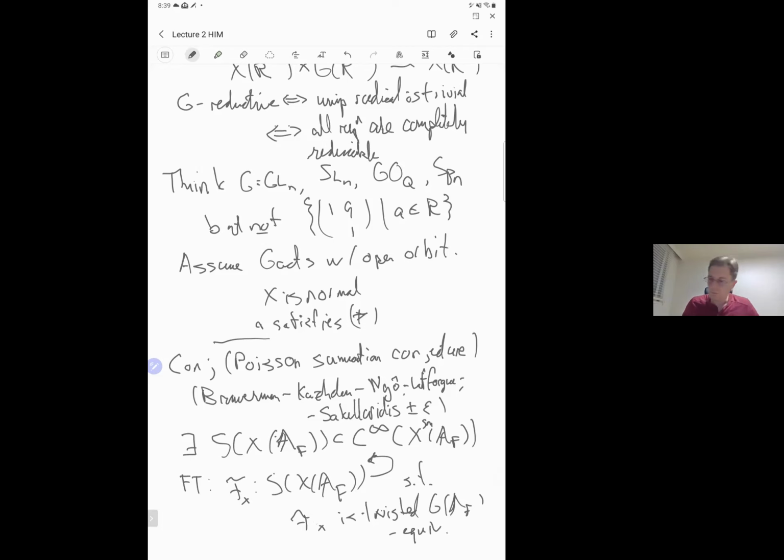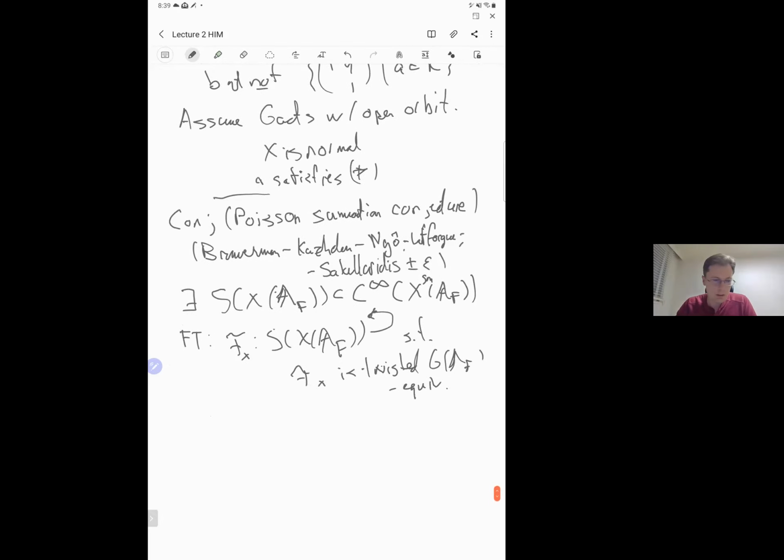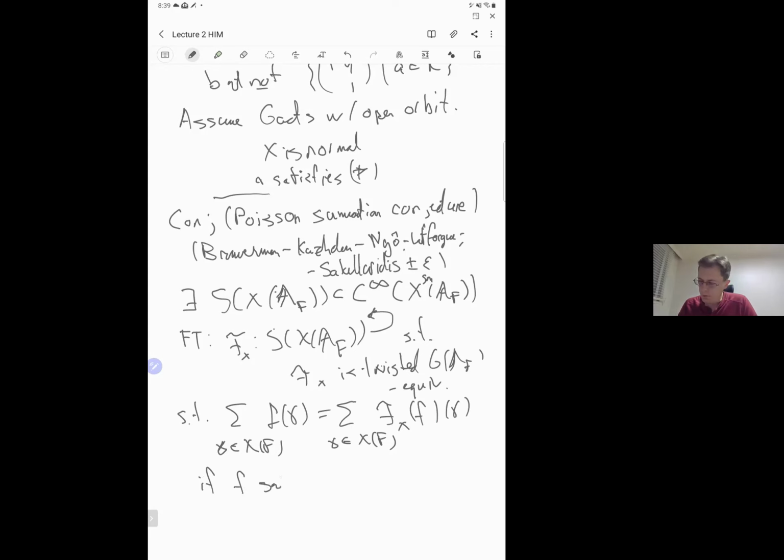All right, such that the Poisson summation formula holds if f satisfies certain local conditions.